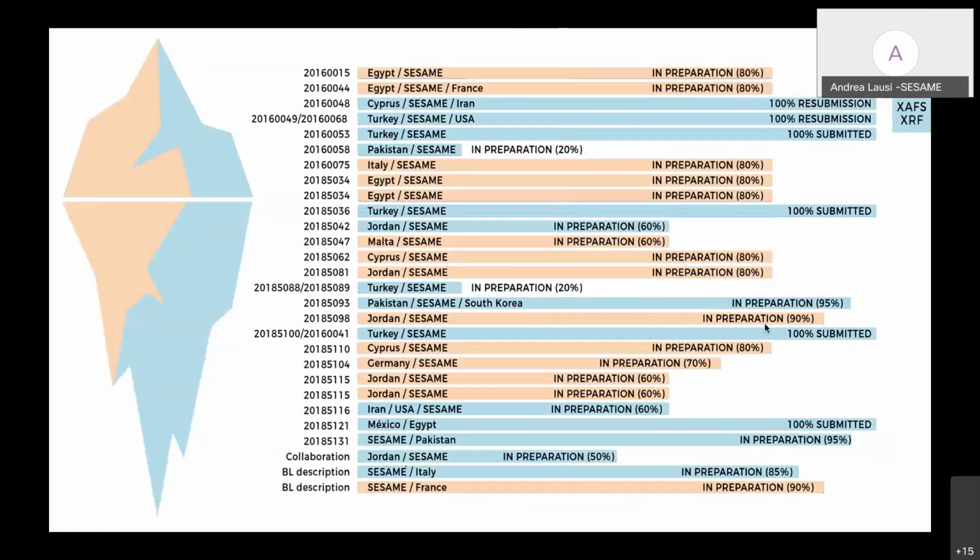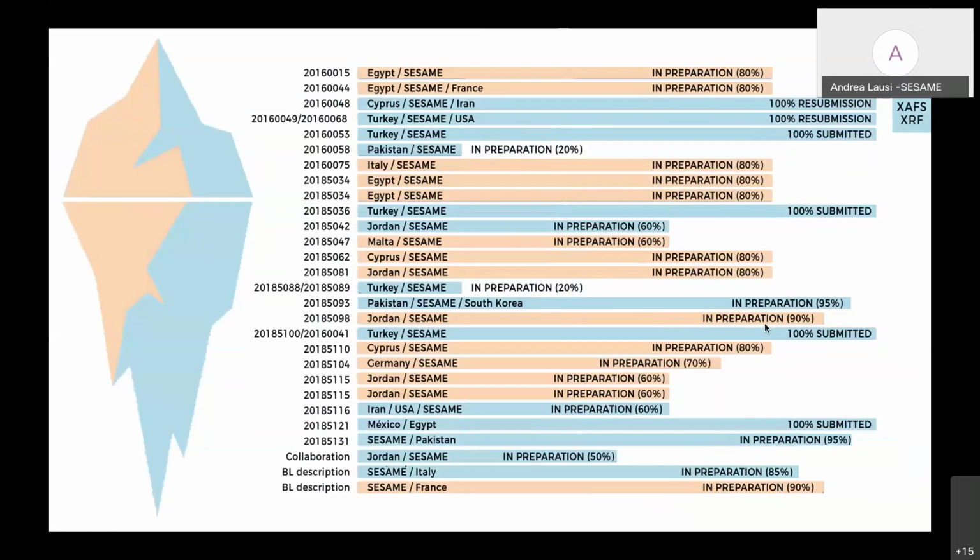As you see, practically all of these, except one of these papers have a SESAME author in it, because the beamline scientist was not there only to open and close the shutter and allow people to take the data, but has also been involved in the data analysis, in the preparation of the samples, and in some cases also in the write-up of the article itself.